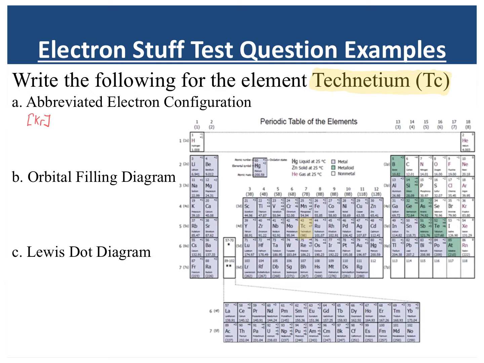There are 2 elements there. So we got 5s2. After that 5s orbital, as I move over, I get to the 4d orbital. And technetium is the 1, 2, 3, 4, 5th element in 4d. So it gets 4d5. There's my abbreviated electron configuration.